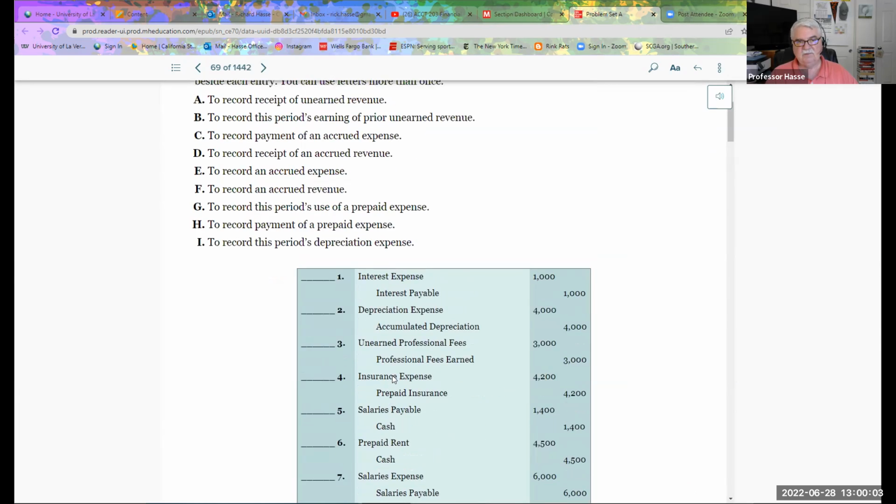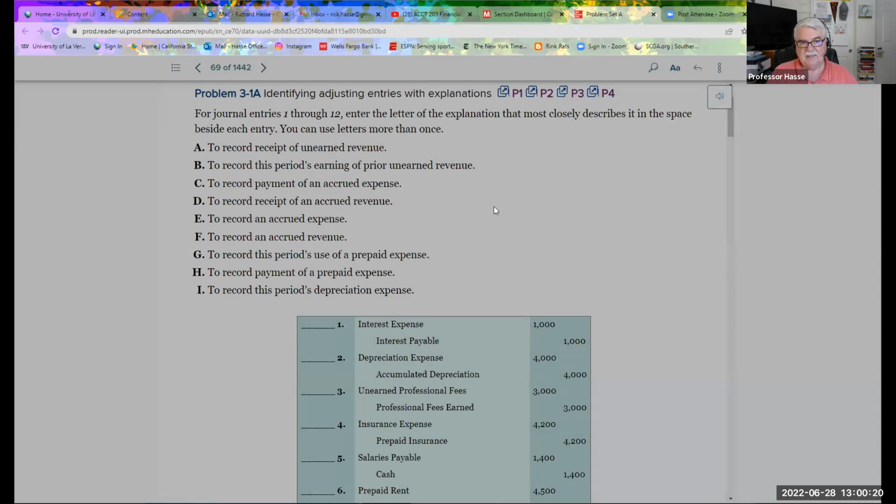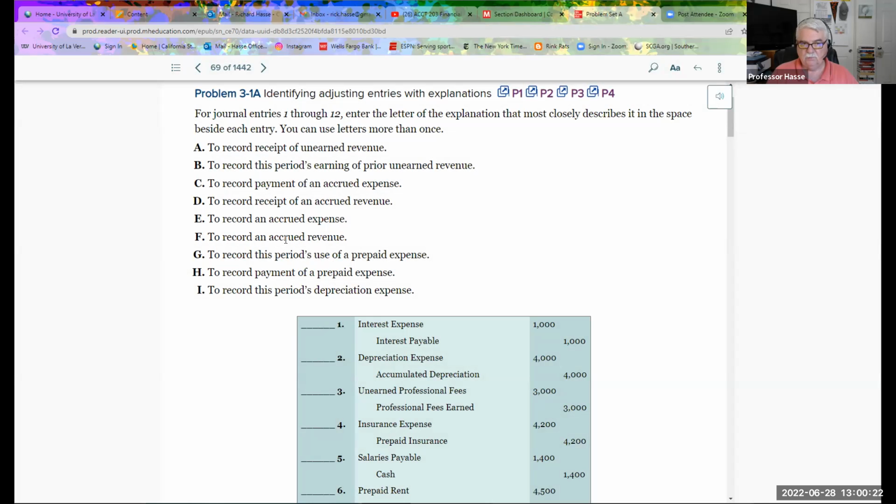All right, let's take a look at this. Entry number 1: interest expense debit, interest payable credit. Where is that over here? Well, that's to record an accrued expense, letter E, meaning it's an expense that has been incurred, interest, but remains unpaid.